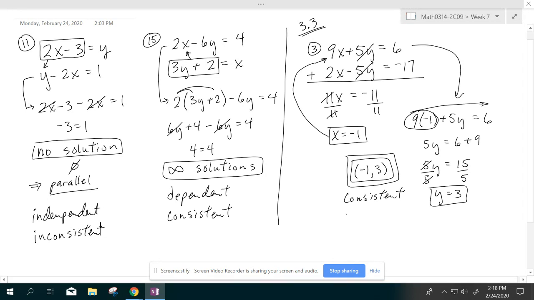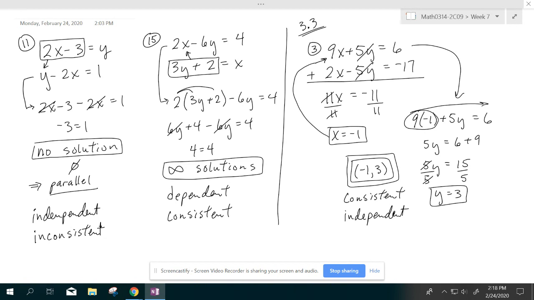So it's independent because it touches only once, and it's consistent because inconsistent means no solution. So consistent means at least one solution. And dependent goes with lines that are the same line. I guess that's the easiest way to remember that. Inconsistent only goes with parallel lines. Dependent only goes with infinite solution, same line.